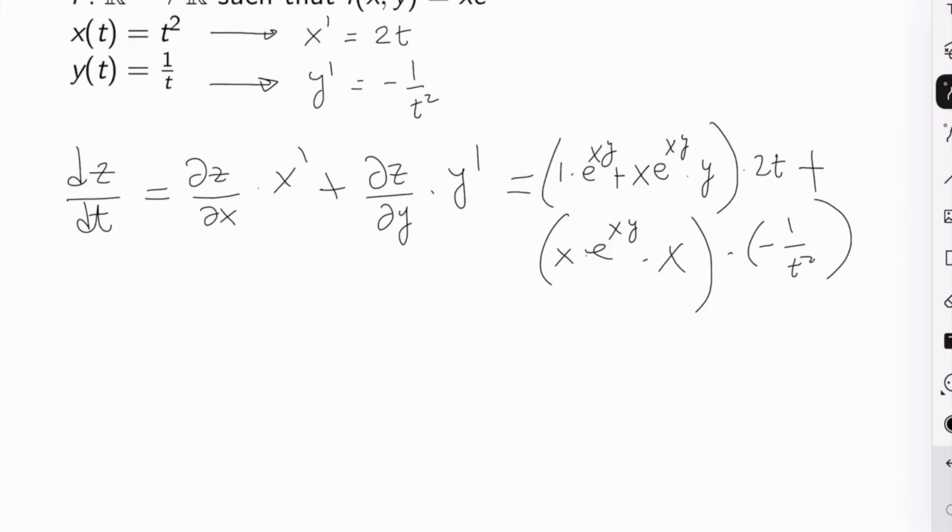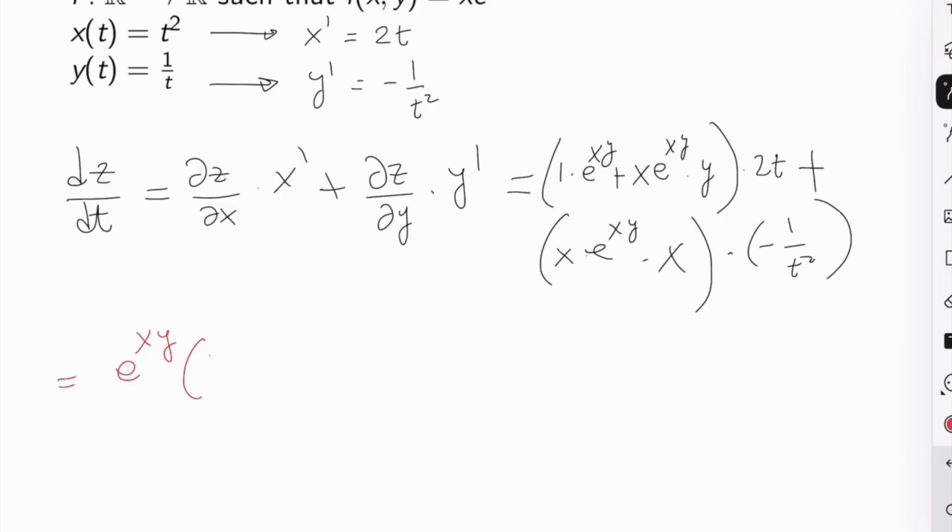Okay, and so now we do the multiplications here, so we can take common factors. You can see that these two things are common here, so let's take this as a common factor. So this will be equal to e to the xy times, here will be 1, and here will be xy.